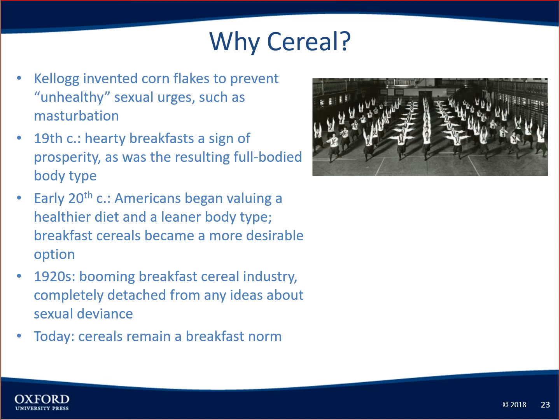Early 20th century, Americans began to value a healthier diet and leaner body type. Breakfast cereals became a more desirable option. 1920s, the breakfast cereal industry boomed and was completely detached from any idea about sexual deviance. Today, cereals remain a breakfast norm.